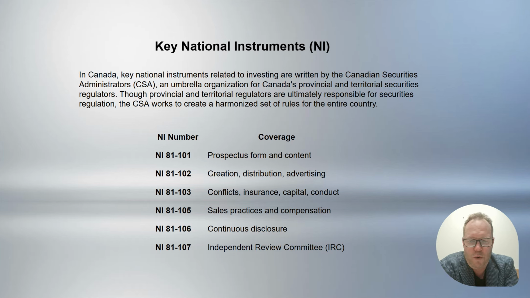NI 81-103 deals with conflicts, insurance, capital, and conduct, again relating to mutual funds. NI 81-105 deals with sales practices and compensation of mutual funds. NI 81-106 covers continuous disclosure surrounding mutual funds. And finally, NI 81-107 covers the Independent Review Committee, or the IRC, in regards to mutual funds.